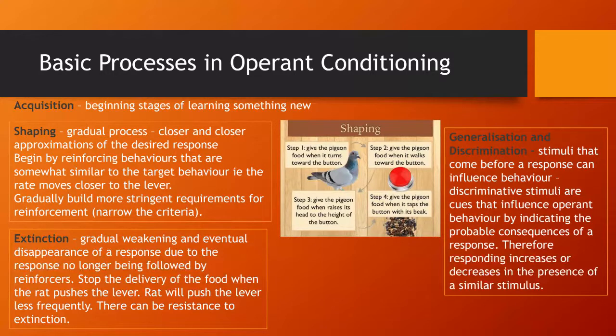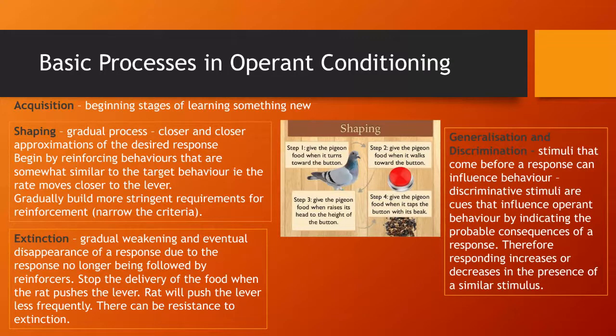You'd reward that, and then gradually you could shape the behavior until you get closer to the behavior that you're looking for. You could also narrow down the requirements. So maybe initially it gets a big treat, then it might get a small treat. Or when it goes back up onto its hind legs again, it gets a bigger treat.